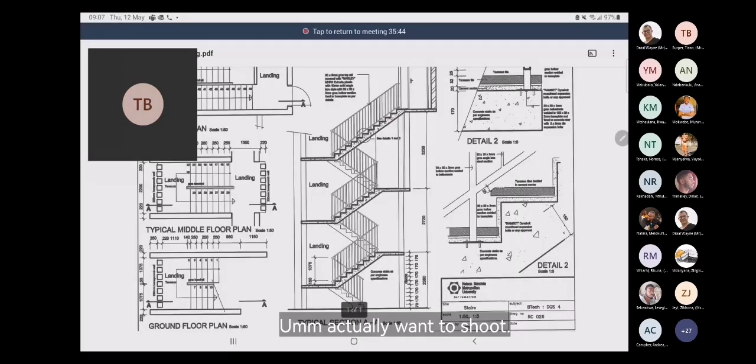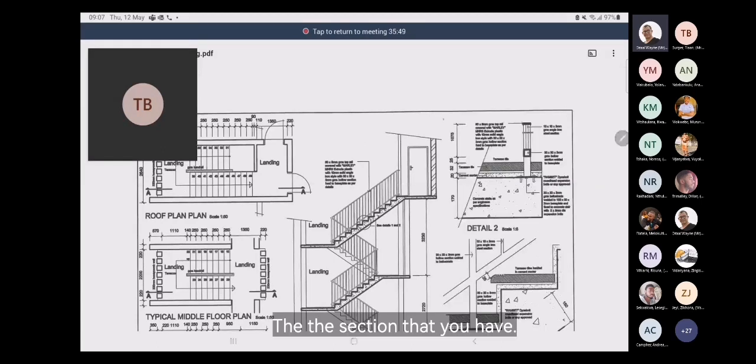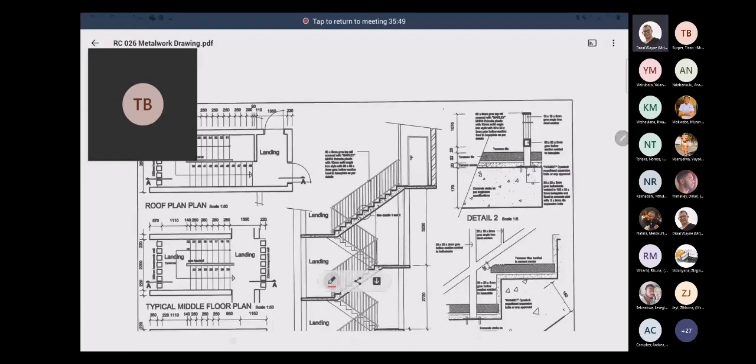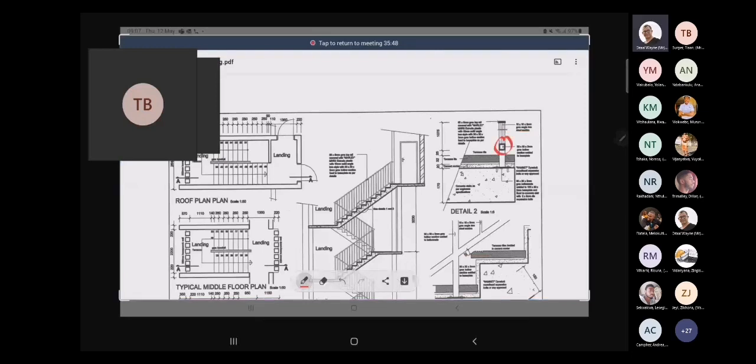Actually, 1, 2, 2. So the section that you can see here would be that railing that is cut through. You're looking at it from this side. You with me, Tia? Yes, thank you, sir.